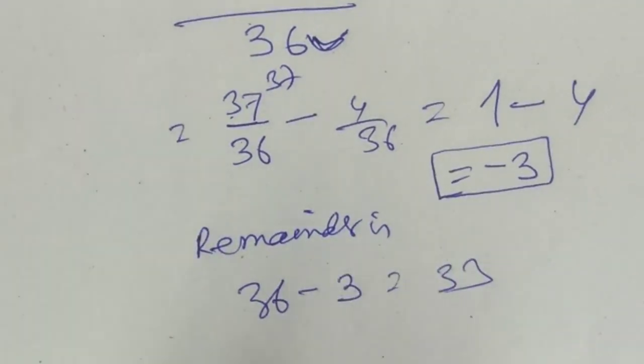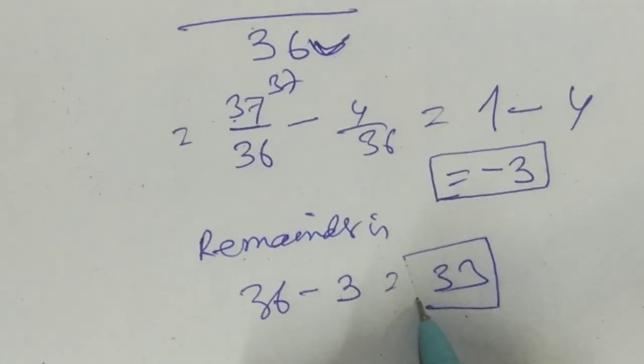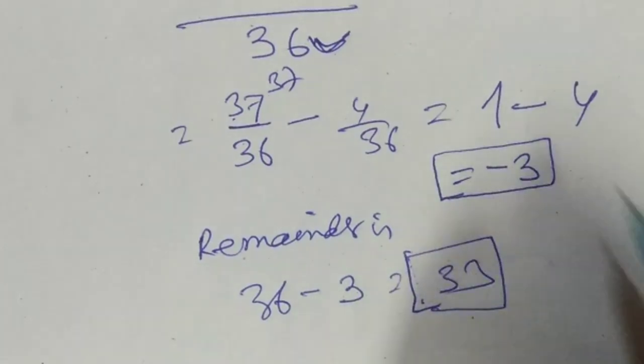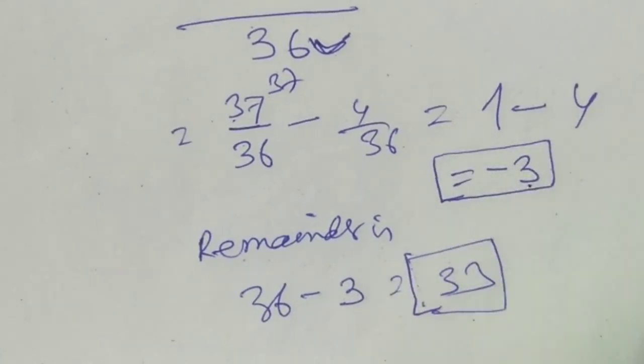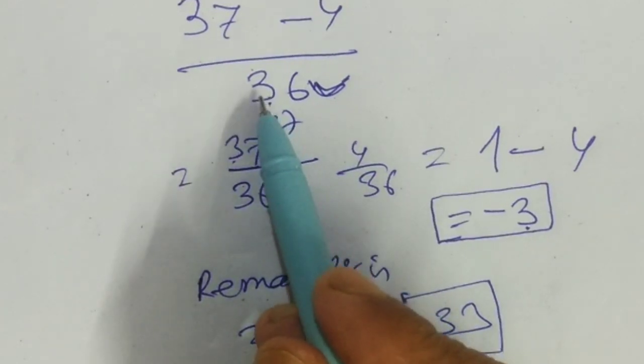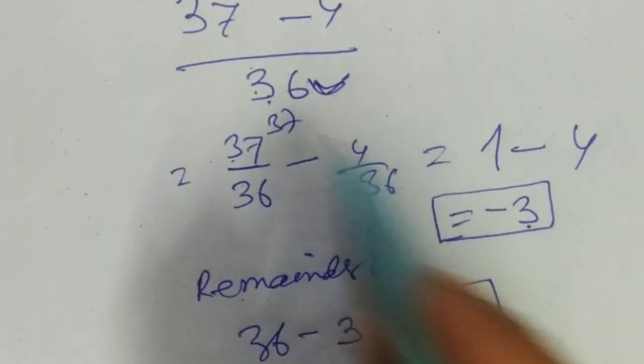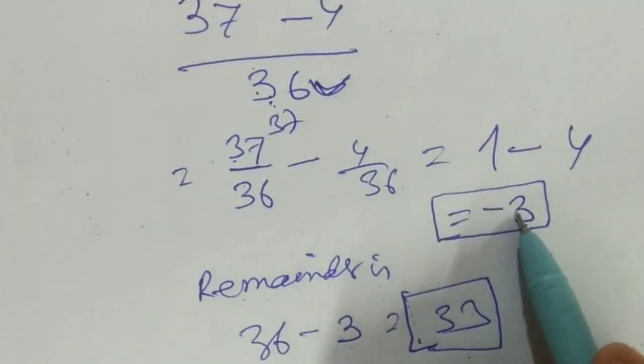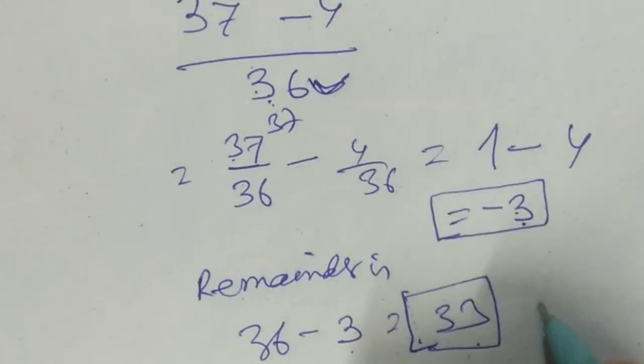This is the answer. The remainder is 33. If the answer is negative, B is 36, so 36 minus 3, which is equal to 33. This is the answer then.